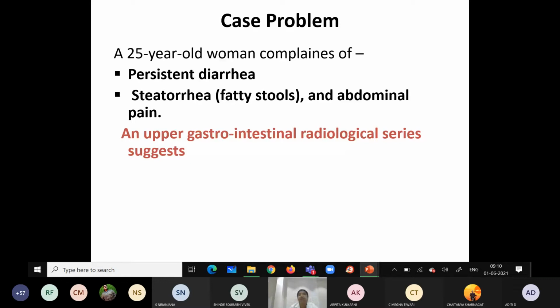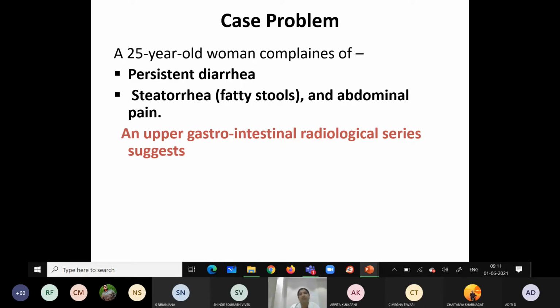Here you are going to see a 25-year-old female. I am specifically quoting female, because at 25 age is important, gender is important, and next the complaint is important. She complains of persistent diarrhea, meaning diarrhea for a longer duration.